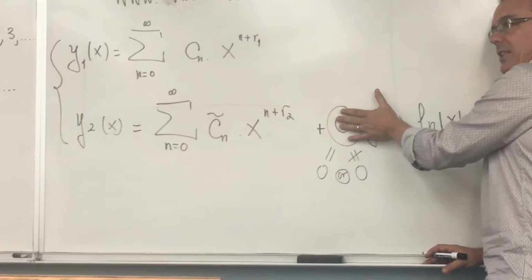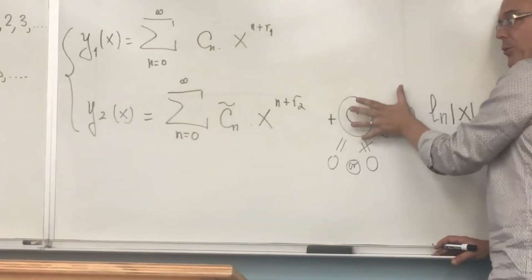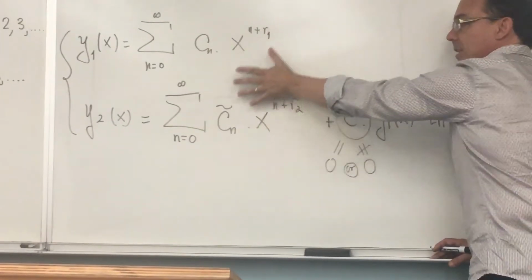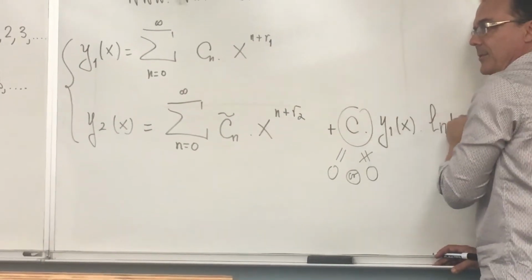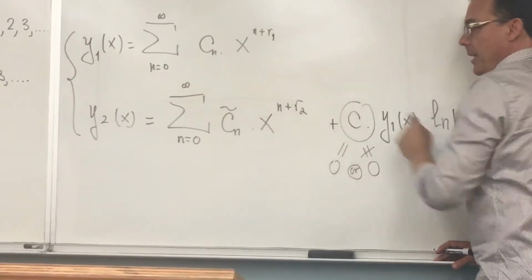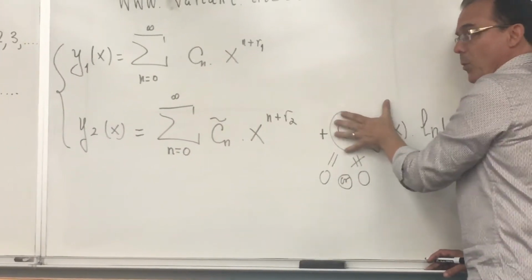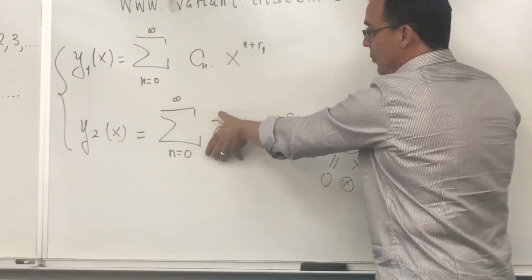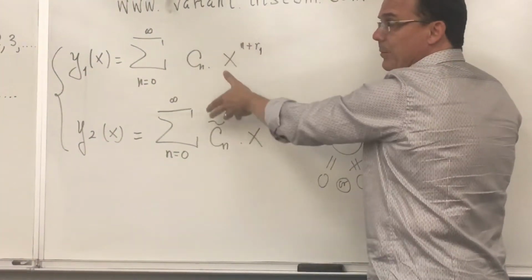If when you assume that this term is not here for the y2 in case number 2, you get something linearly different from y1, then the assumption was correct and you don't have this term in the second solution. But if you assume that it is not here and you work out the recursive formula, and you end up with this being the same as y1, then they are not linearly independent.